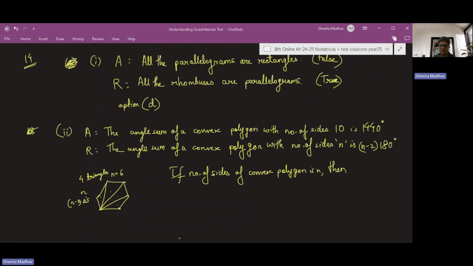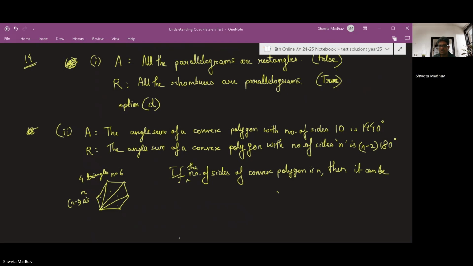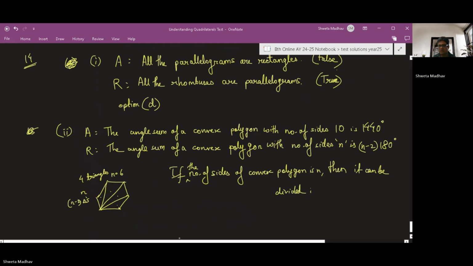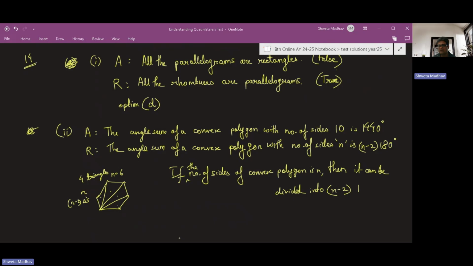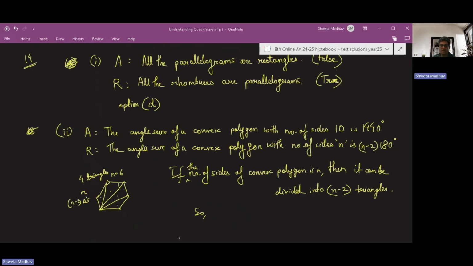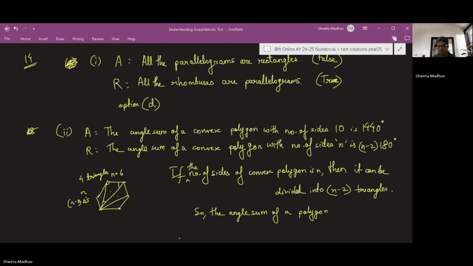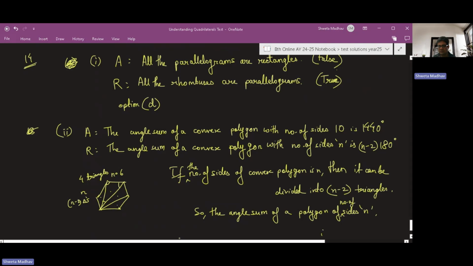And as you know, the angle sum property of a triangle is 180 degrees. Therefore, the angle sum of a convex polygon with number of sides n is given as n minus 2 into 180 degrees.